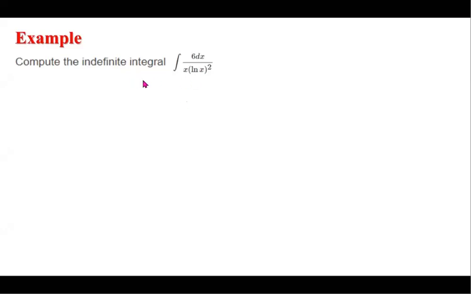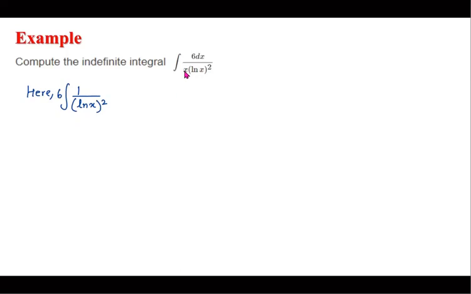Here we have, let me write this indefinite integral. We have the integral of, in the denominator, natural log x squared. So I'm going to write that as 1 over natural log x squared. And this 6 is a constant, so I can pull it outside.